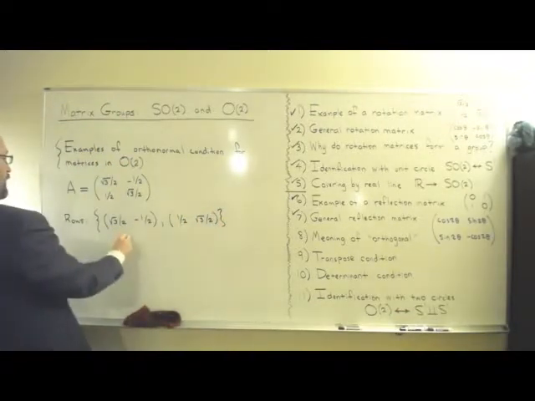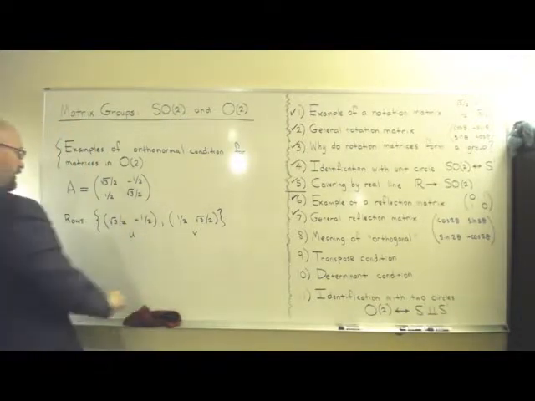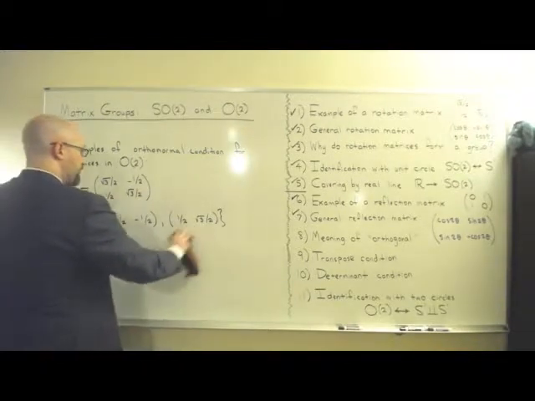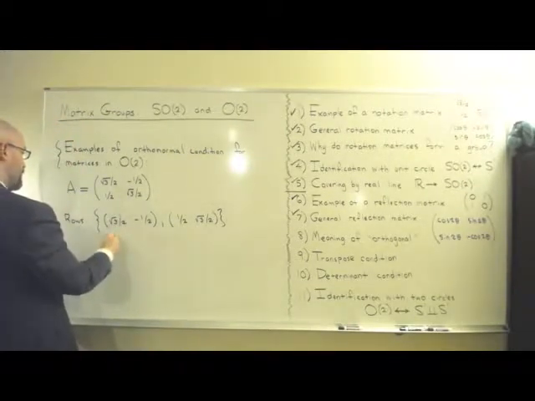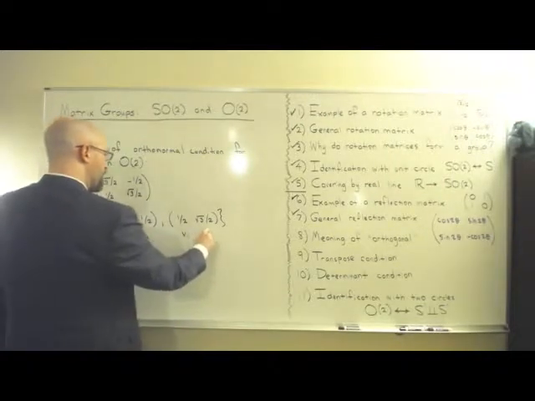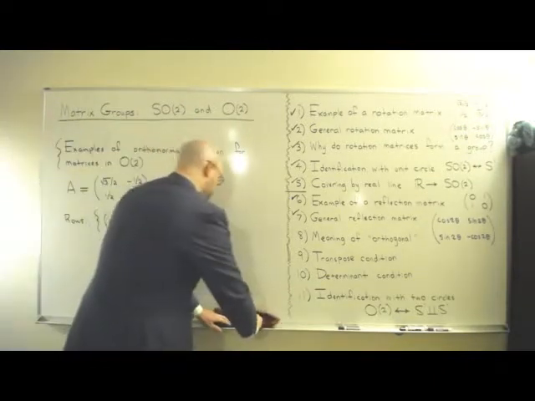So if I wanted to, I could call this my U and this my V. And if I wanted to, I could call this U1 and this U2. And I could call this V1 and I could call this V2, just in terms of what we were talking about before.